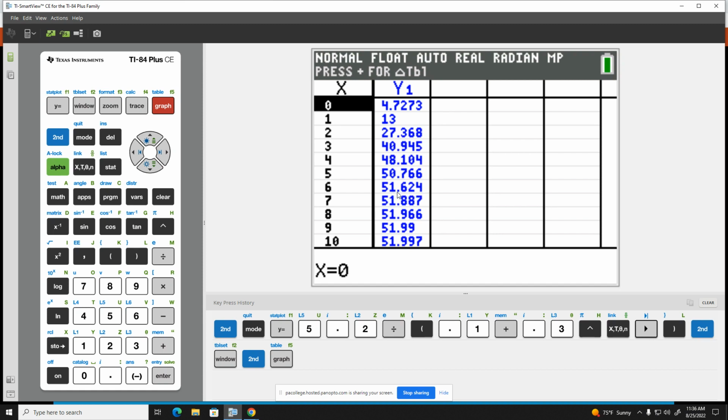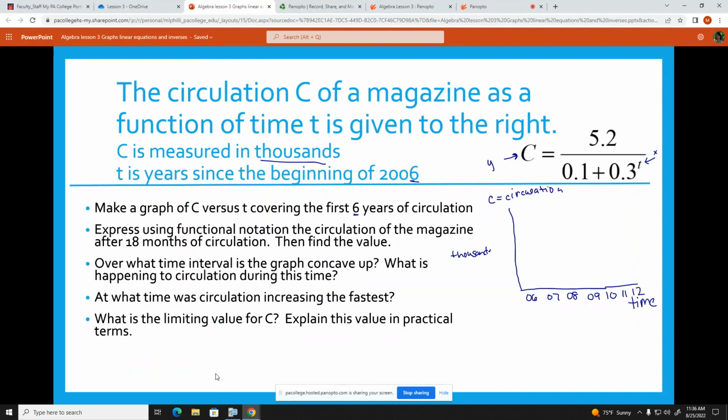So I need my axis to go up to about 52. So I can go back to my drawing, and in my drawing, this needs to go up to about 52. So 10, 20, 30, 40, 50, give myself a little room, 60.